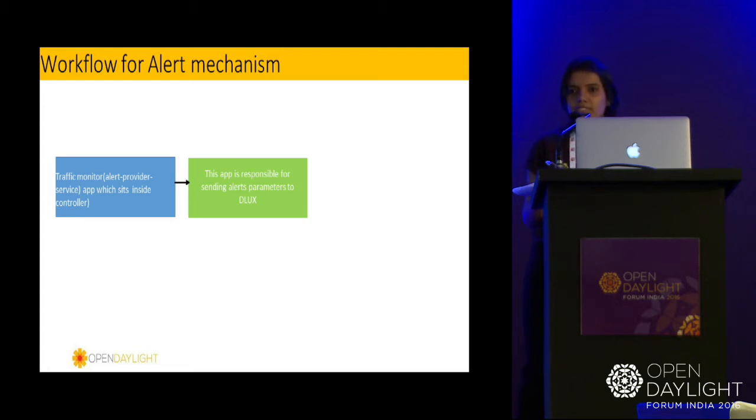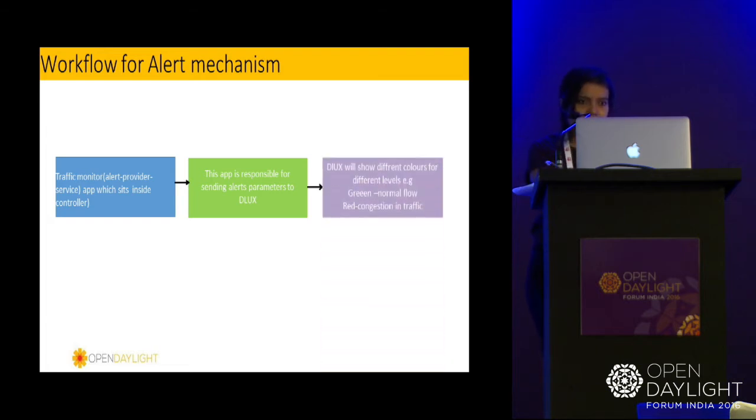Based on those alerts, in the DLUX code we can monitor the alerts and display them through DLUX. The first two phases deal with the backend code, and the last two phases deal with the UI side code.